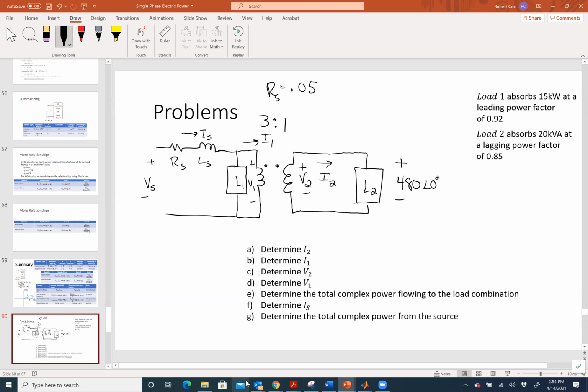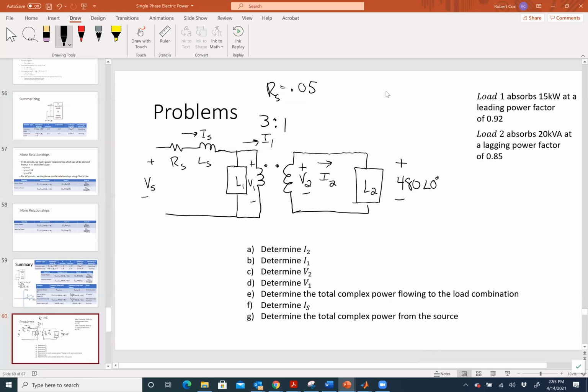Now the problem with the power factor is it's a cosine of an angle. So it doesn't tell me whether I've got positive or negative. Cosine of a positive angle and cosine of a negative angle are both positive. So I throw in this leading or lagging term to make things clearer, okay? All right, I threw one other value in.